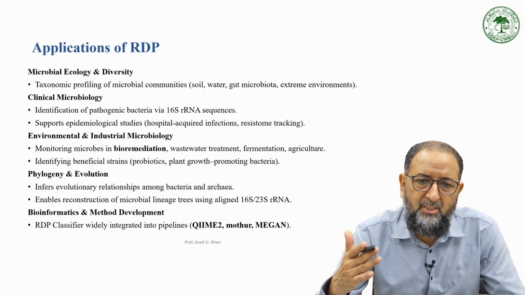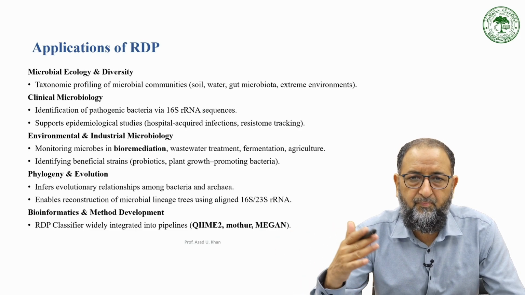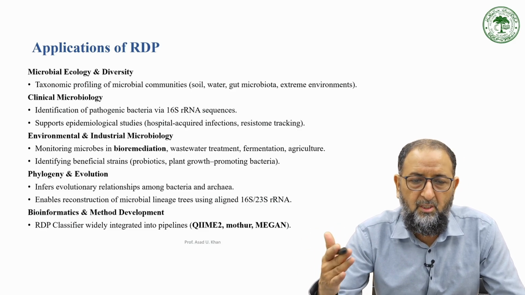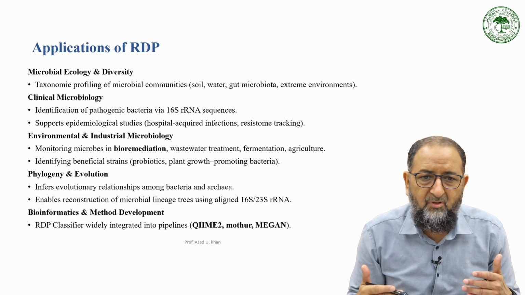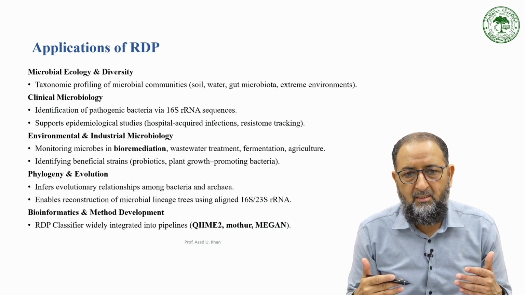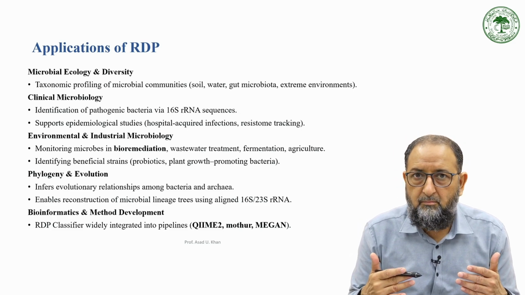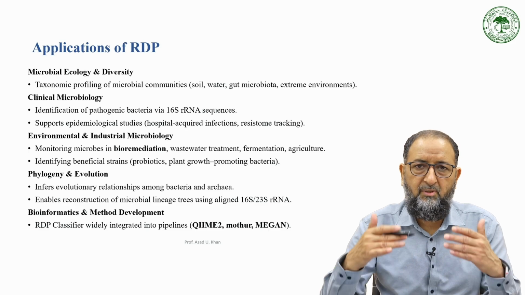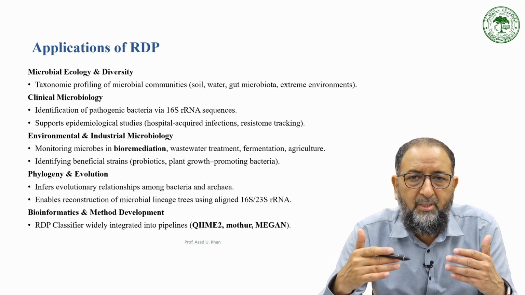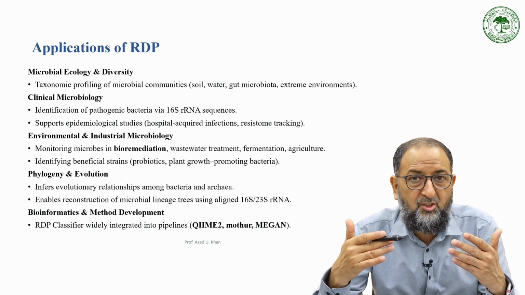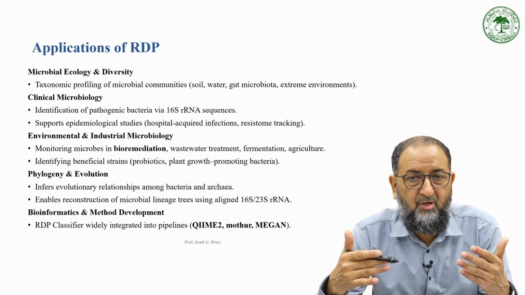Once you get a sequence, 16S rRNA, or 18S rRNA in the case of a fungus, you compare it to the database. Without the Ribosomal Database Project, you are not able to find exactly what species has been found.